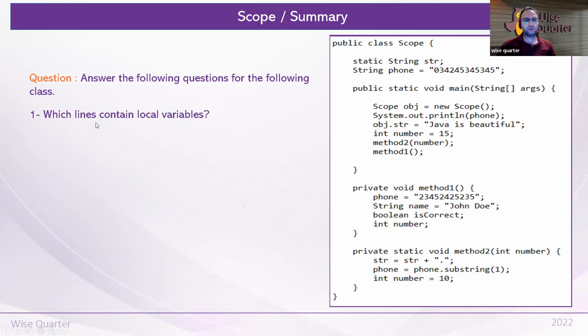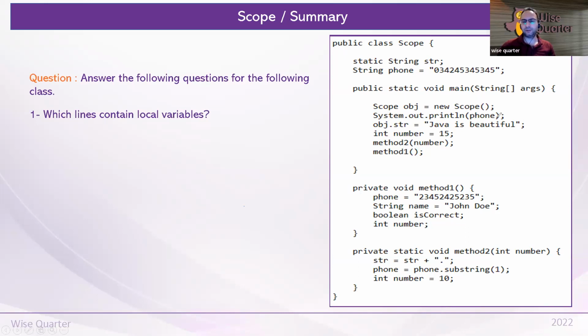Which lines contain local variables? Okay. Local variables means the variables created in a loop or method. Let's check. This is class level. This is also class level. We are creating an object here. We are not creating any variable.